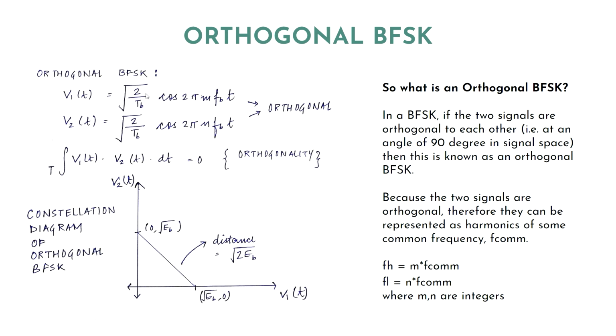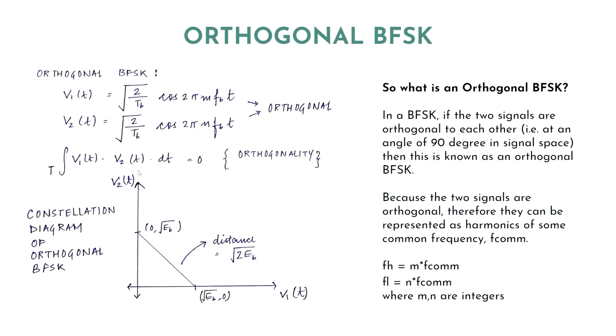V1(t) equal to root(2/Tb) cos(2π m fb t), and V2(t) equal to root(2/Tb) cos(2π n fb t). fb is the common frequency here. Now we know this condition, that if V1(t) into V2(t) is integrated over time period T, then the answer will be 0. This is because both of these signals are orthogonal.